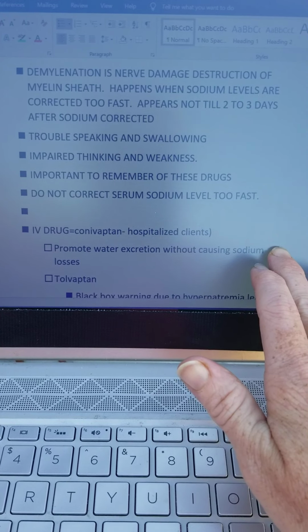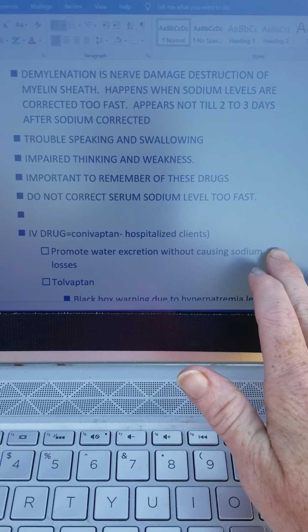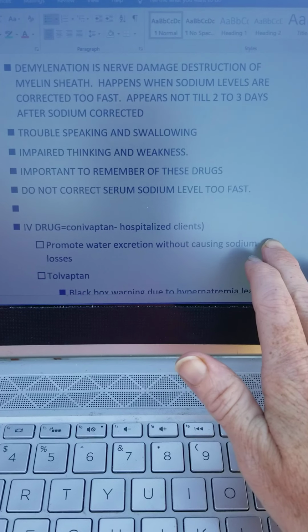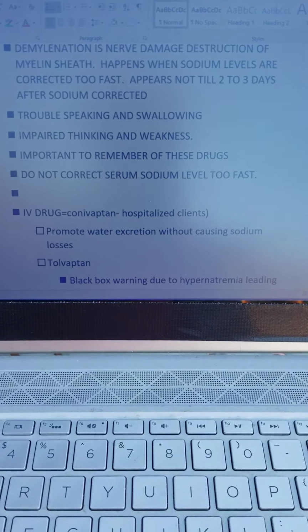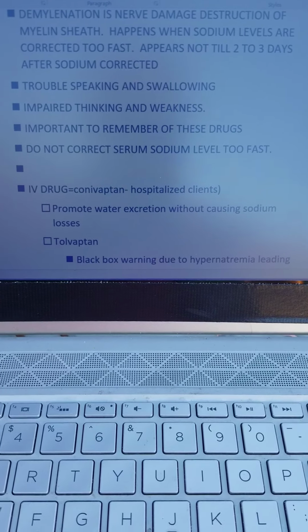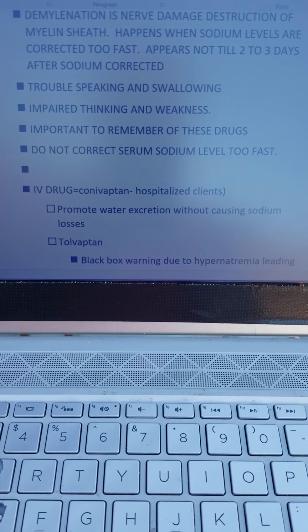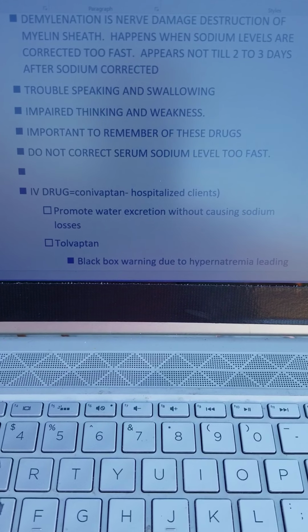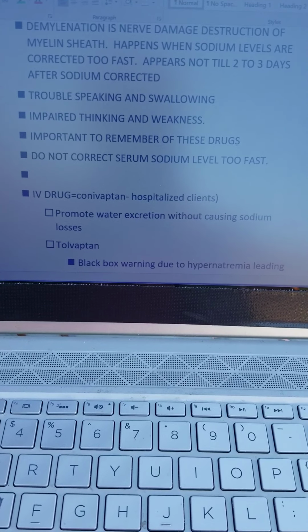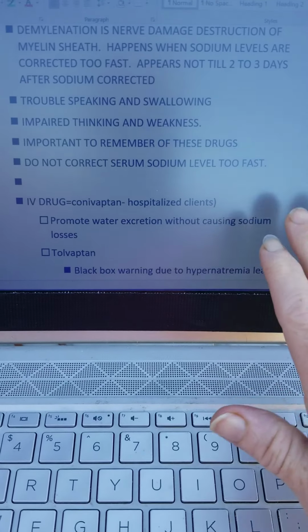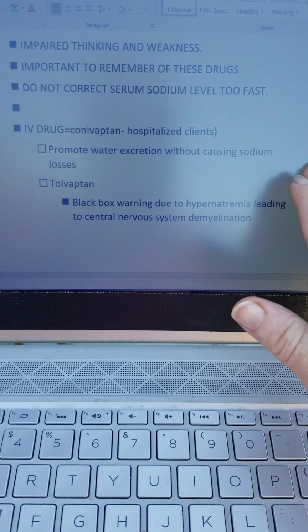Important to remember about these drugs is they do not correct serum sodium level, or you don't want to correct that sodium level too fast. IV drug: conivaptan for hospitalized clients. This is through IV.